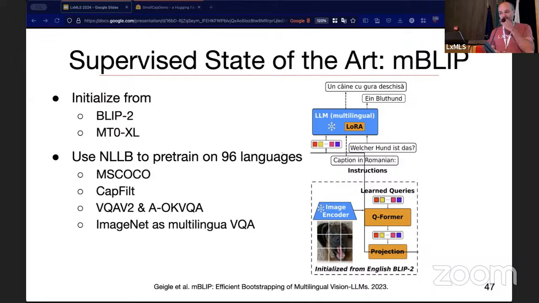And from this, they only try to update very small parts of the model, like LoRA adaptation in the LLM, and also some of the representations in what's called the Q-Former and the projection layer in the image encoder.